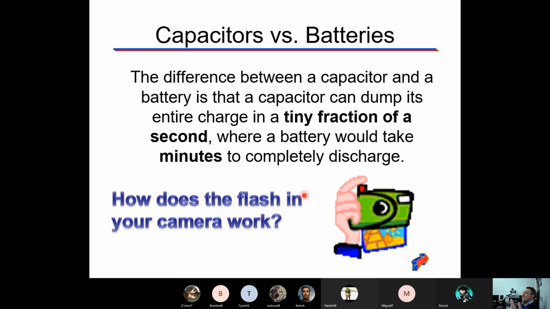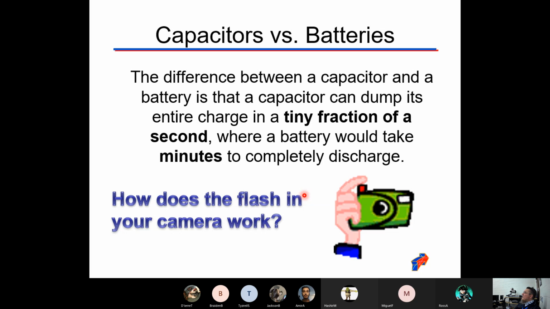Or for those of y'all that have ever watched television shows, like ER shows, and they use the paddles, you'll hear it charge up before they use the paddles on a person. It's the same idea. It's a big capacitor. It's charging up, and then it's going to disperse all of that electricity at one time. It's the same basic principle. It's the same thing as a taser.